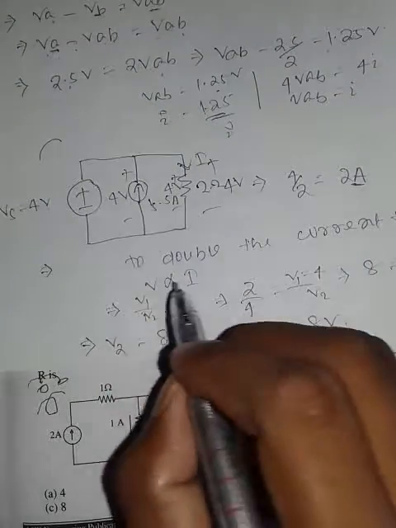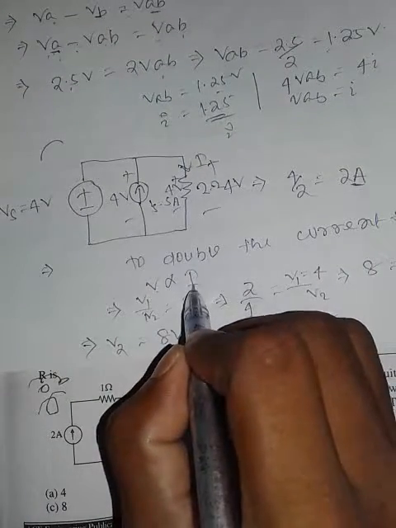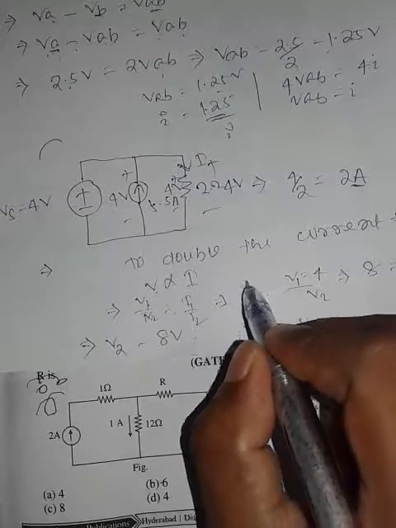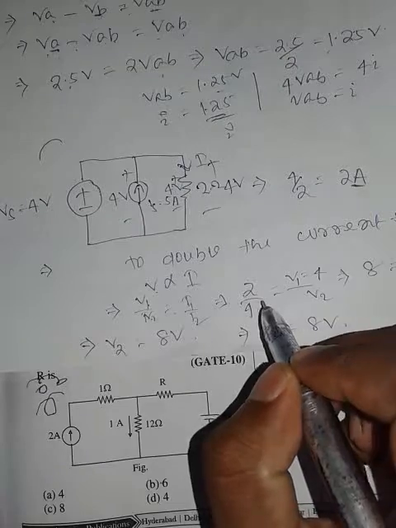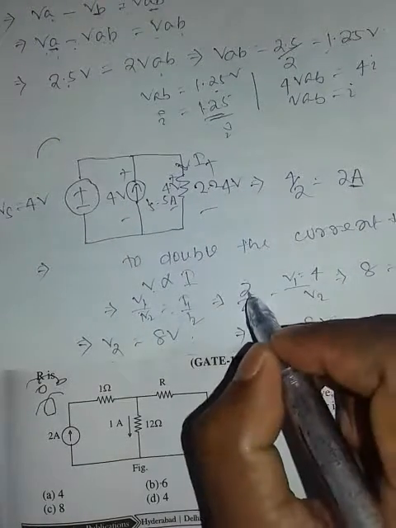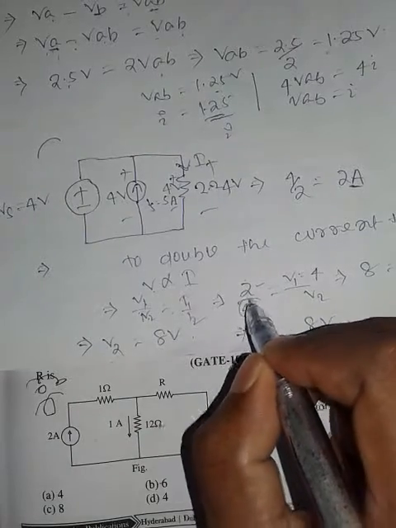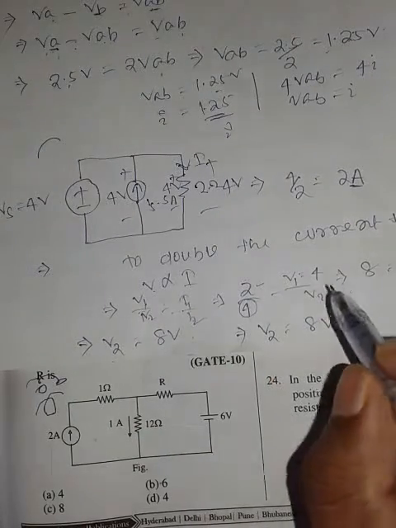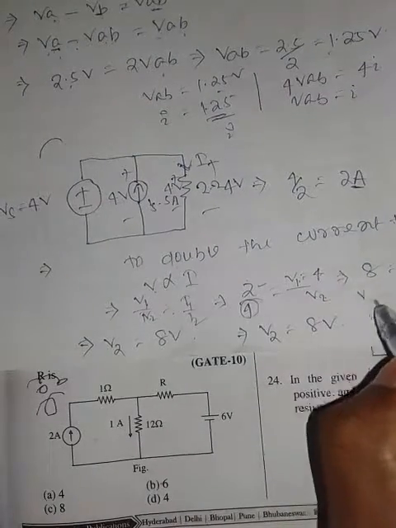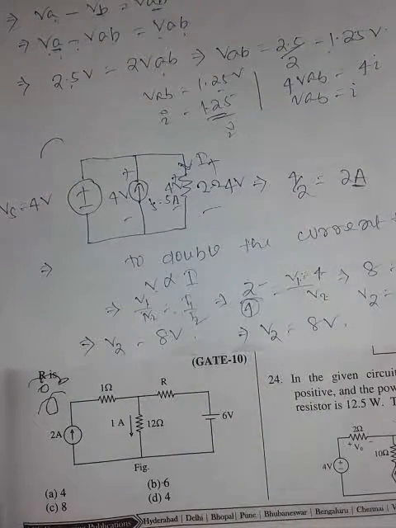See in this figure, the voltage is directly proportional to I. So V1 by V2 is equal to I1 by I2. So the initial current will be 2, later it will become 4, because they are asking for double. So V1 is given as 4, so V1 by V2 is equal to I1 by I2, which is 2 by 4, so V2 becomes 8 volt.